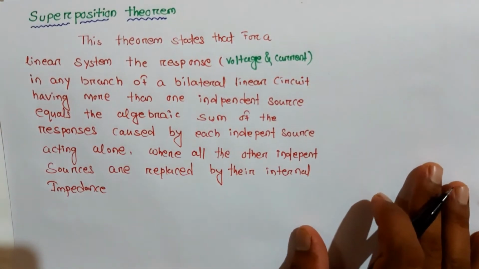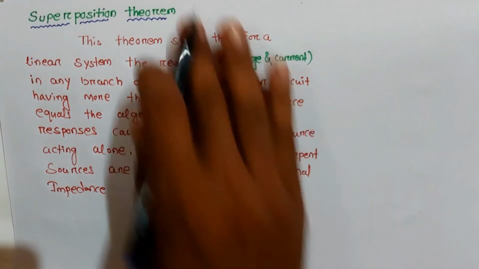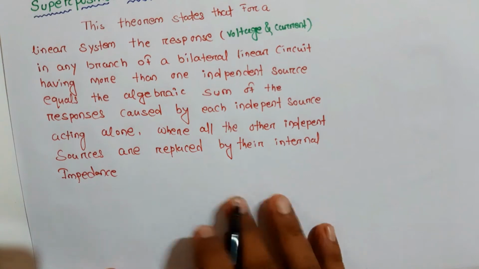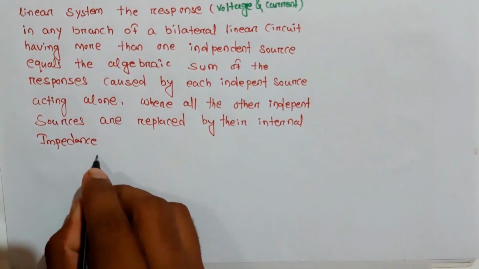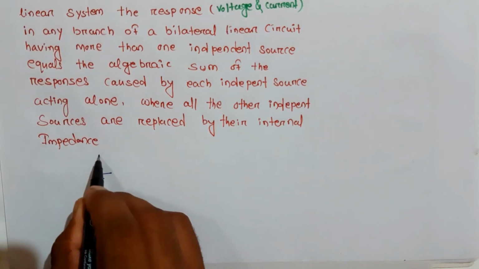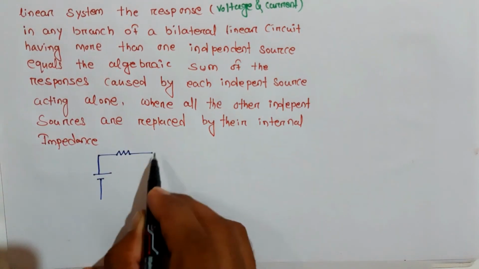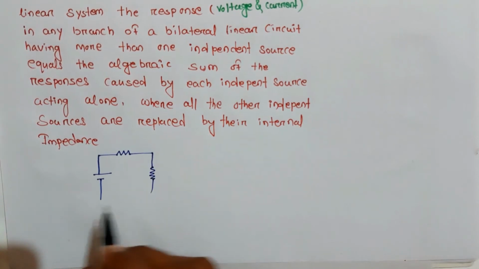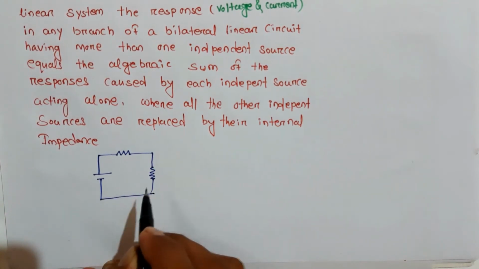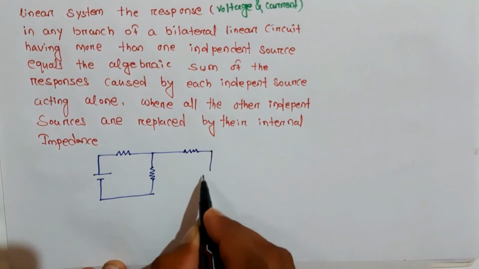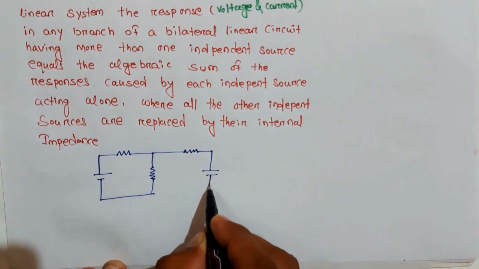This theorem states that if we have a linear bilateral network, let us consider this a network. Let this be a resistor, and this another resistor, and this another resistor, and this a voltage source.